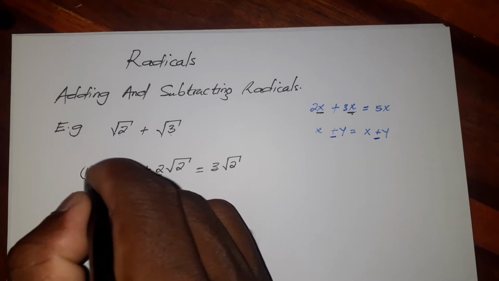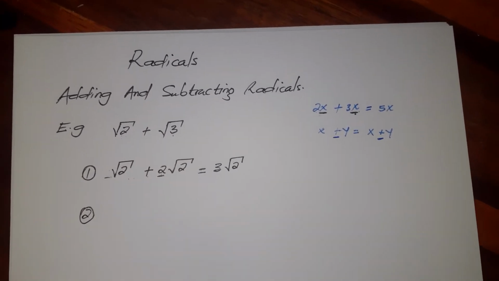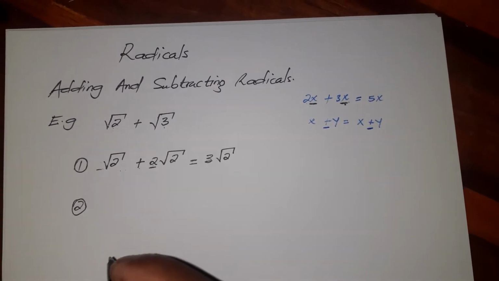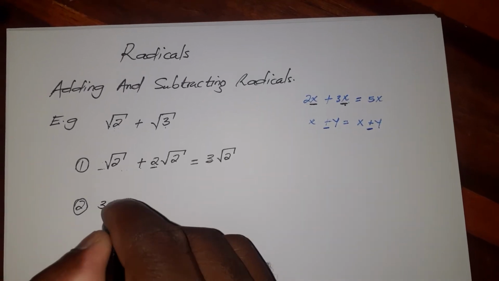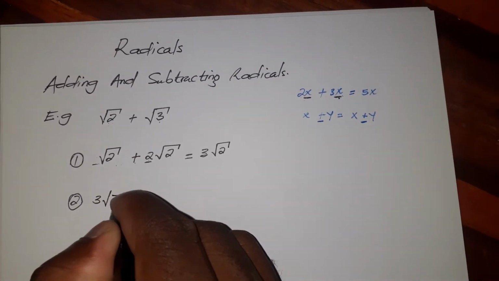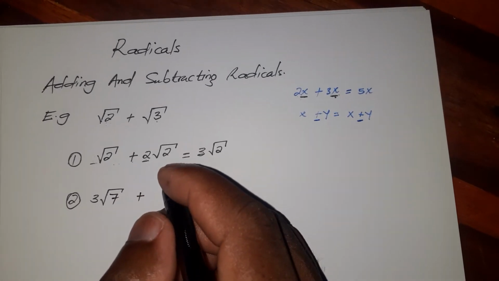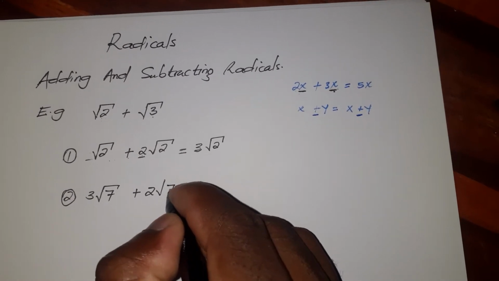That is how we add radicals. Let this one be example number 1. Example number 2. Let's say we have 3 square root of 7 plus 2 square root of 7.